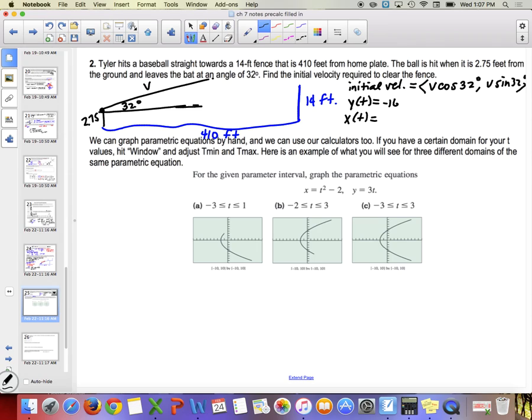So it's going to be negative 16t squared plus our initial velocity in the y component, v sine of 32 degrees t, plus what's its initial height this time? 2.75. And your x of t also involves this v that we don't know, cosine of 32 times t. Maybe I should put parentheses around that. The t's and the pluses are always tricky.